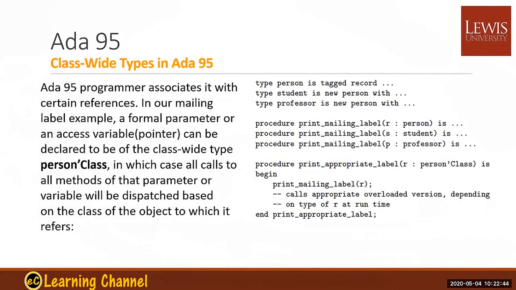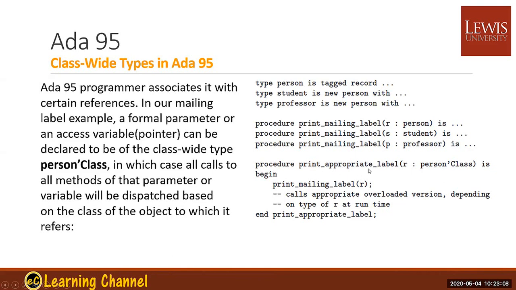Now the Ada type. You also have procedures of different types, so you define a print mailing label based on the data type you operate on, to determine which function to run.